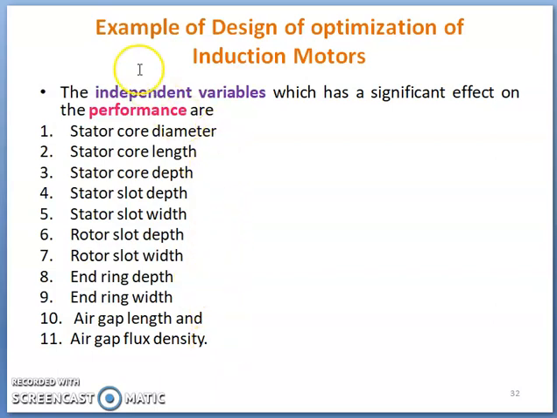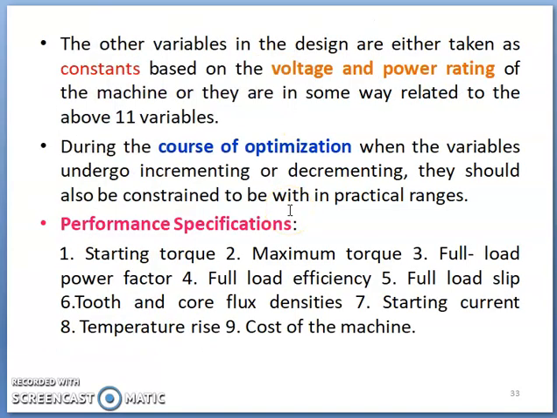If these are taken as independent variables to decide the desired performance of the induction motor, then the designer will feed all these variables as input to the computer in the analysis method. Then there will be some other variables in the design.